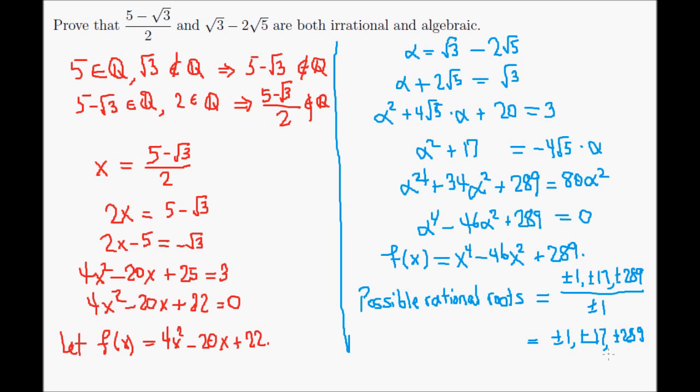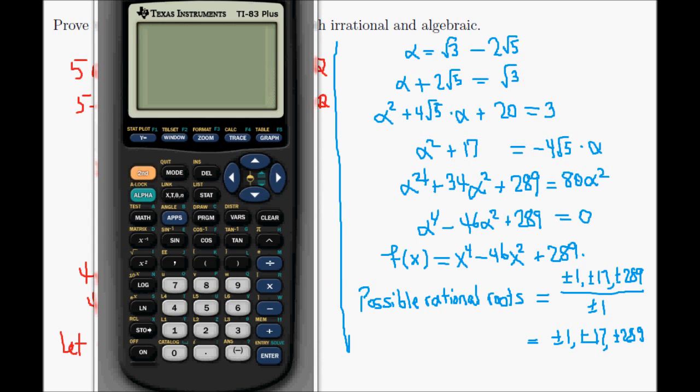And now we can quickly check to ensure that none of those things are actually roots of the polynomial. So let me actually do this fairly quickly. So 1 to the 4th minus 46 times 1 squared plus 289. That's not equal to 0. If I take 17 to the 4th minus 46 times 17 squared plus 289, I don't get 0.